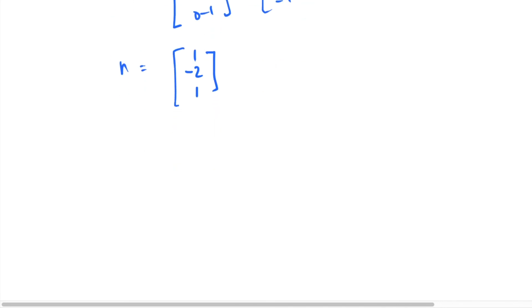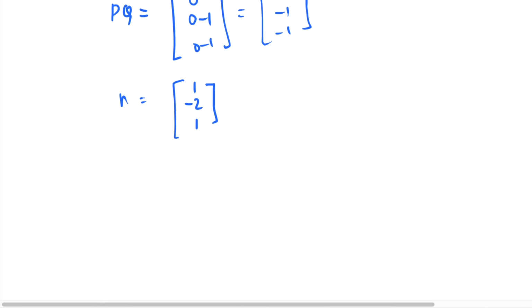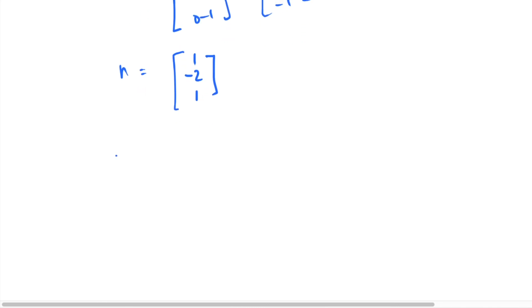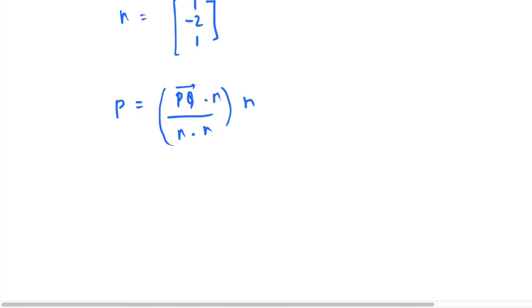So the projection of PQ on the normal vector n, and let's call it P, is going to be given by vector PQ dot n divided by n dot n times the normal vector n, right? And you can actually work out the math here.